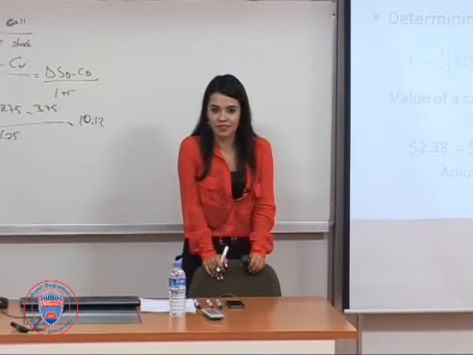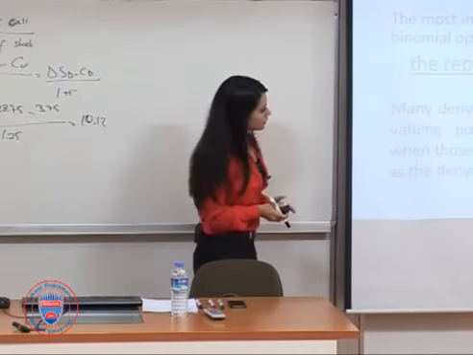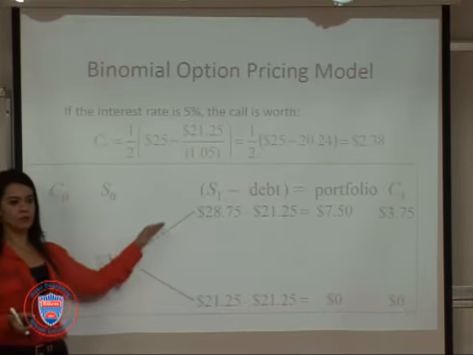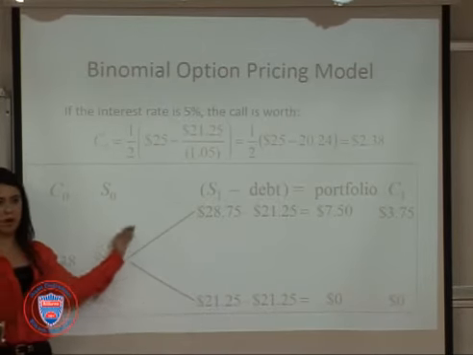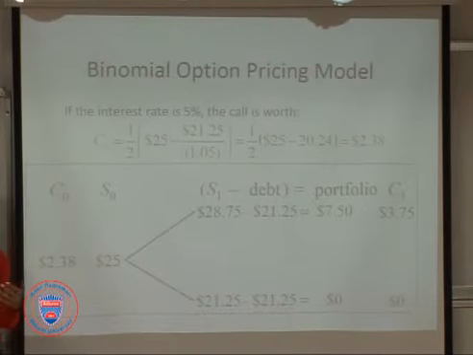What is SD and C? Okay, so let's go back here. This is the up state, this is the down state. Up branch, down branch, okay, as long as you're consistent, I don't care what you do.